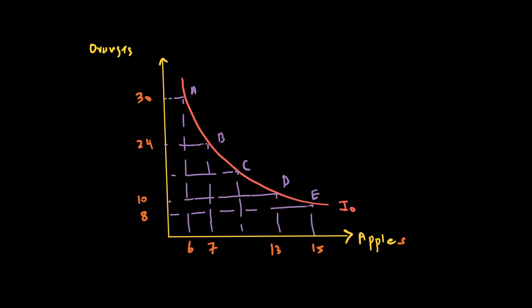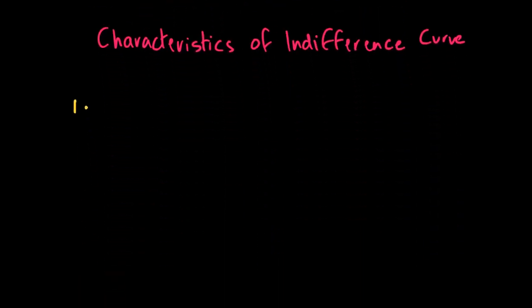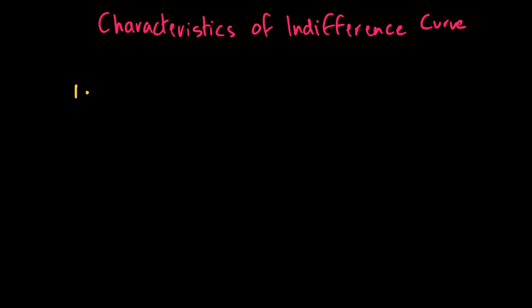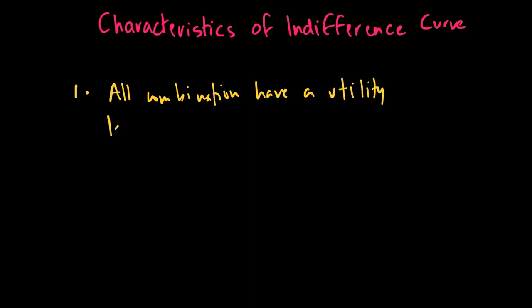One more concept we want to talk about before we move on is the various characteristics of indifference curve, or the various principles that we need to remember when we are drawing an indifference curve. The first characteristic is the idea that all combinations have a utility level, and we can rank them.